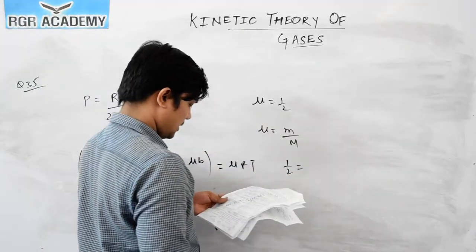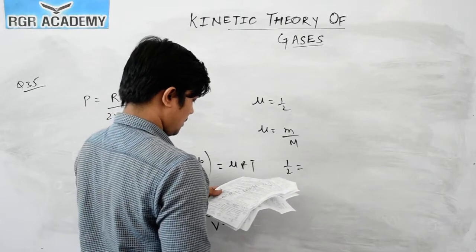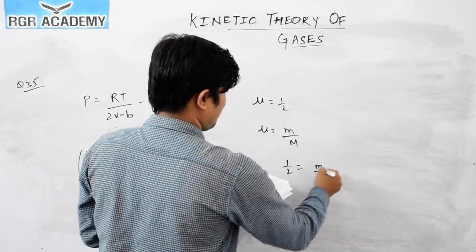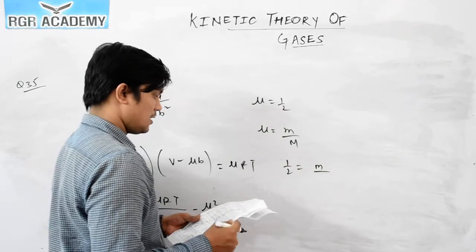Now they are asking for CO2. So small m divided by capital M. For CO2 it will be how much?